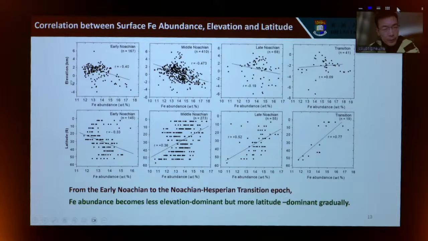Basically, we can see the correlation coefficient between iron abundance and elevation is pretty high on early Noachian Mars or middle Noachian Mars, but the correlation coefficient decreases gradually with time. But it increases for latitude. We can see the correlation increases gradually with time, and this is the basic result.